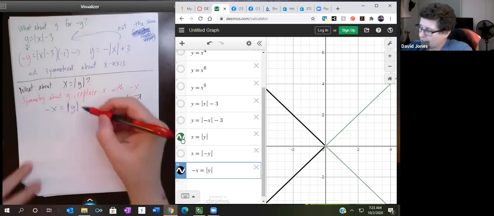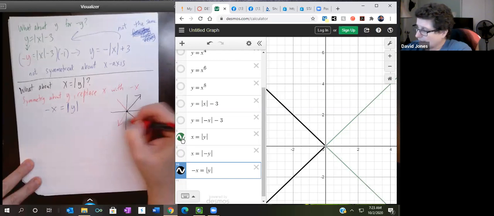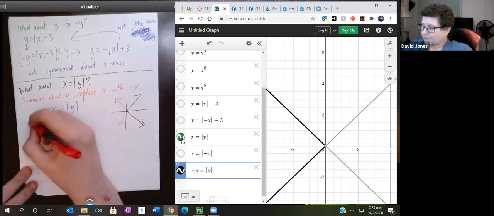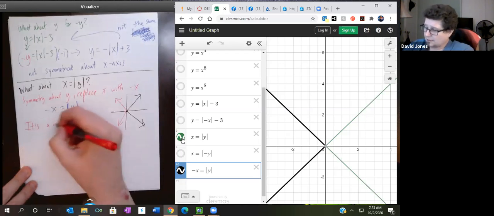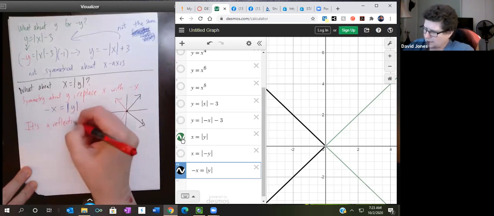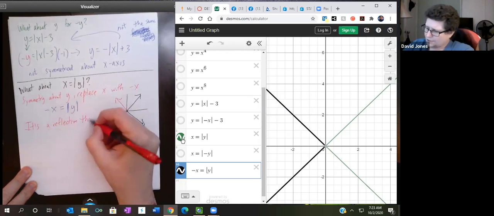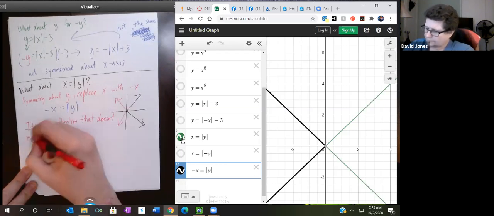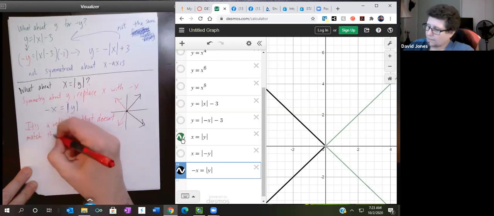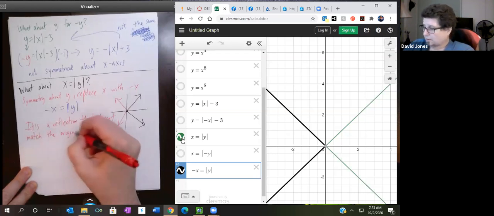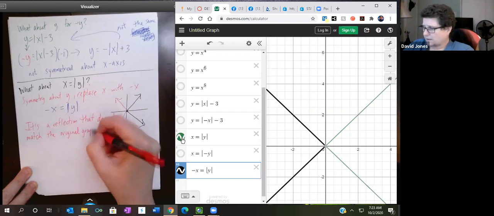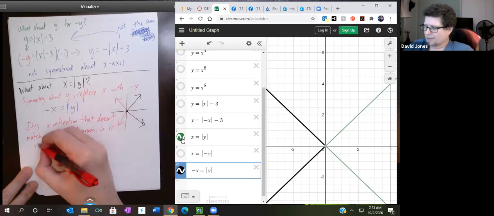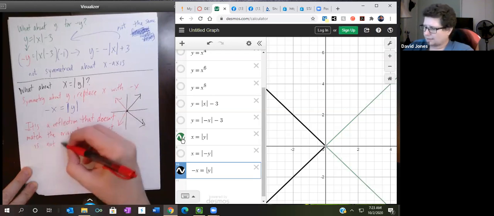And this one is like that. It's a reflection that doesn't match the original graph. So it is not symmetrical about the y-axis.